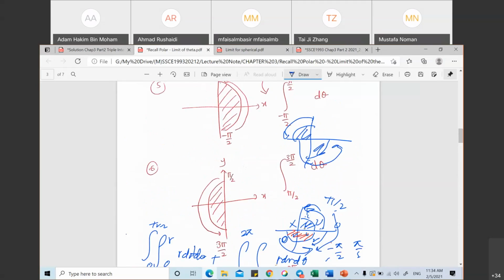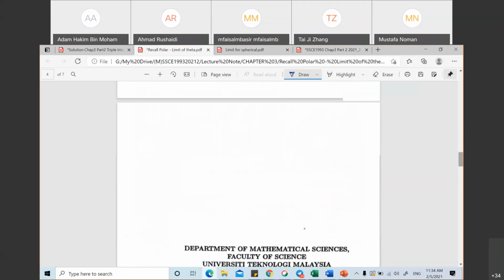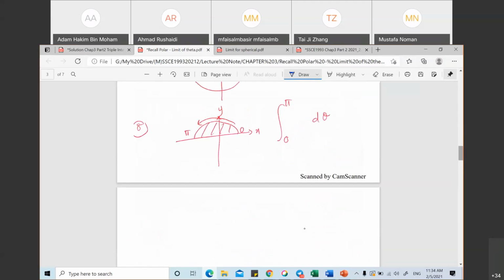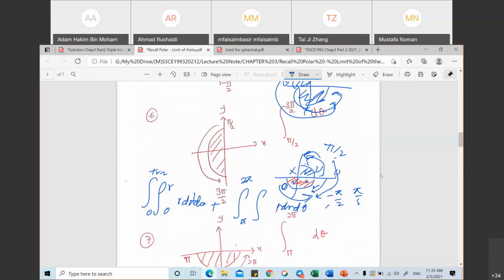If I put like this, and then these two and this. If like this, easy, just directly to here. Pi over 2 until this is 2 pi, is it? Yes, 2 pi. Okay, no need to split.